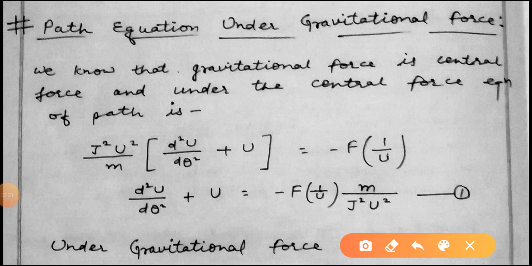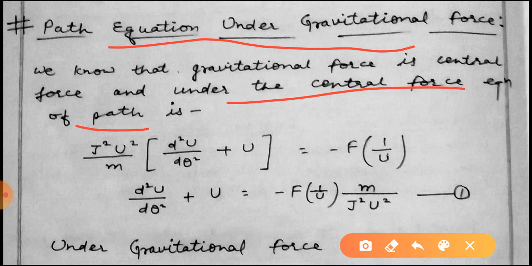Now we discuss the path equation under gravitational force. We know that the gravitational force is a central force, and all central forces are conservative forces. Under a central force, the path equation is J square u square upon m d2u upon d theta square plus u is equal to minus f of 1 upon u.